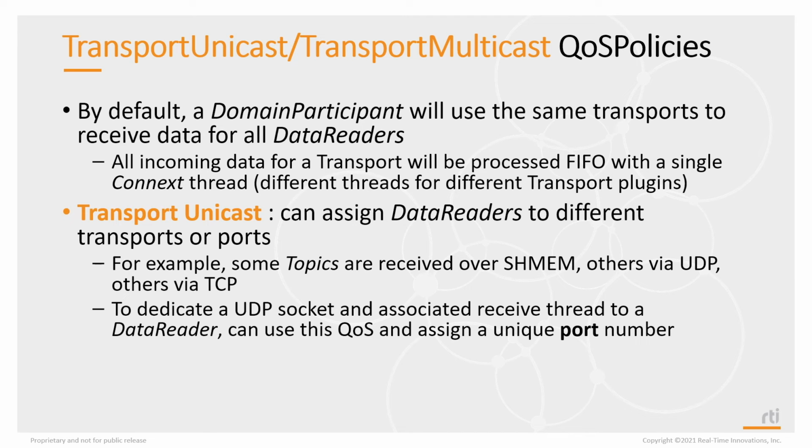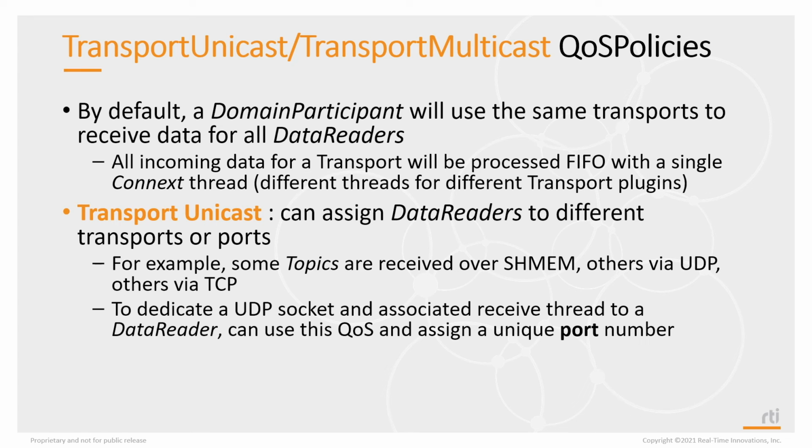And for IP-based transports, it's a port. You could also assign it to a specific transport plugin. Say you want data for this data reader to be only received over shared memory, and this data to be only received via TCP. Then you could assign data readers to different transports or different ports on existing transports.